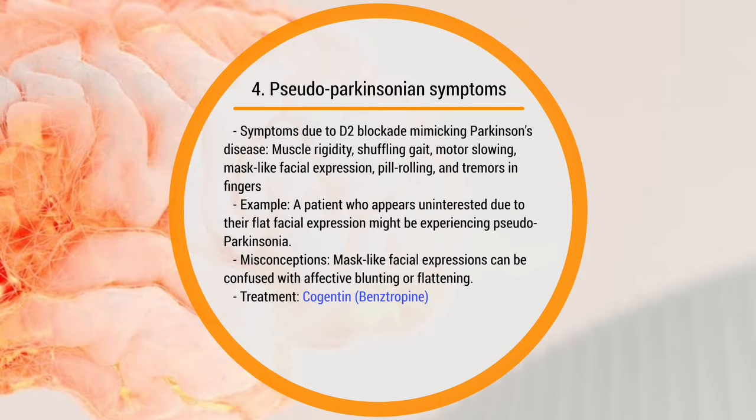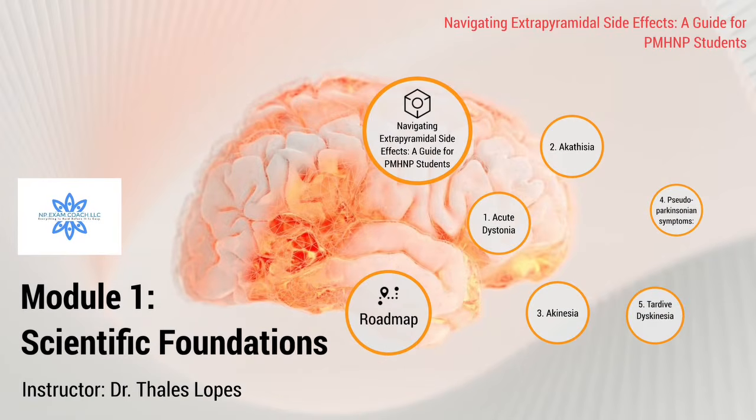A patient who may appear uninterested due to their facial expressions might be experiencing pseudo-parkinsonism. The misconception is that the mask-like facial expression can be confused with affective blunting or flat affect. What are you going to give? Cogentin. So for the four EPSs that we covered: acute dystonia, akinesia, akathisia, and pseudo-parkinsonism, you give Cogentin.